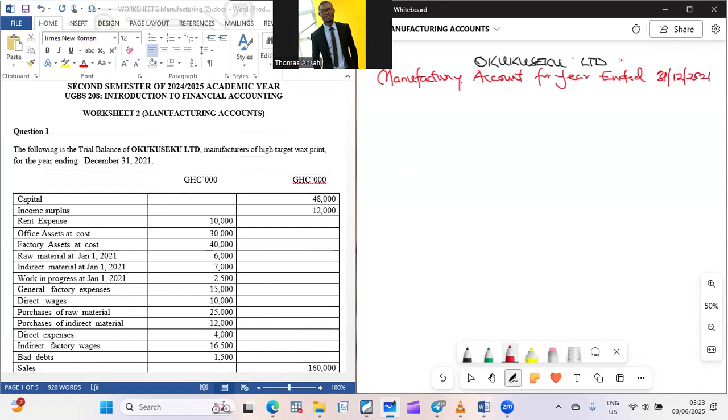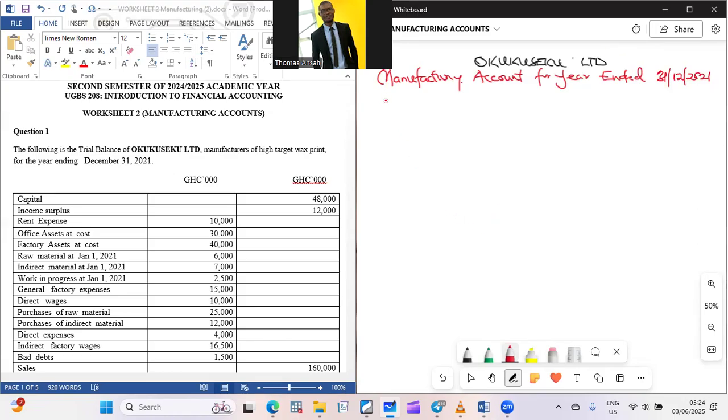All right. So you can write manufacturing income. You can write it like that. Okay, so like that will mean that you are putting everything together to actually do what you are doing. So you can call it manufacturing comma income statement account. So not manufacturing account, but manufacturing comma income statement account. All right. So what do I mean?